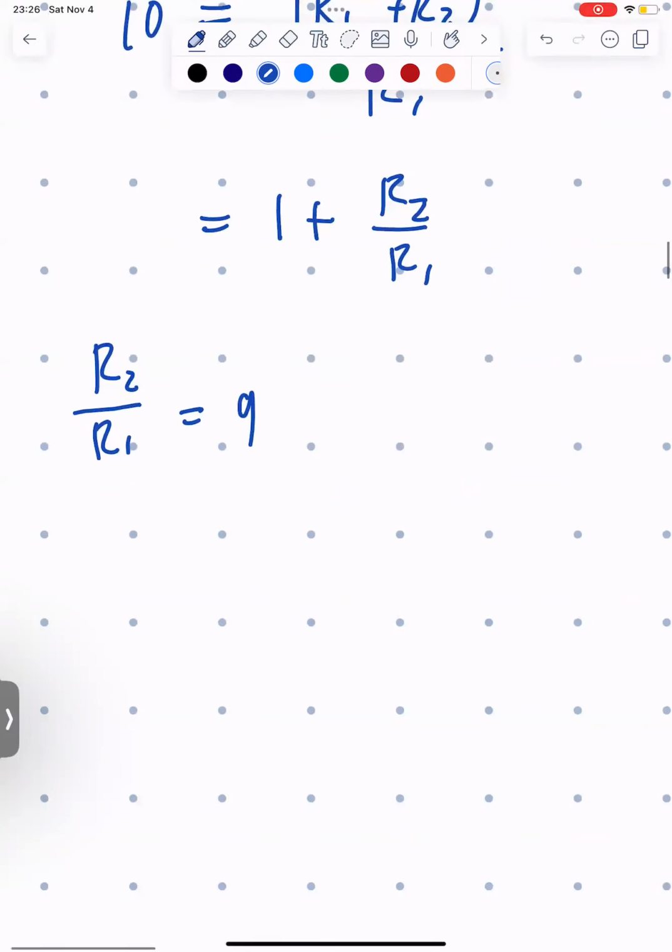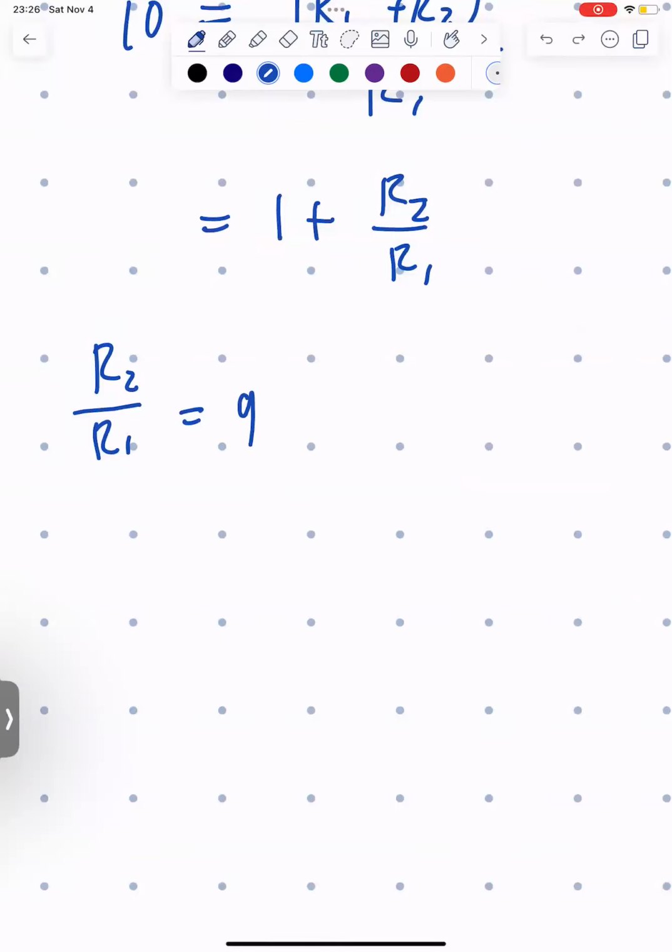So we just need R2 to be 9 times R1. Any resistor values that satisfy this will create V out equals 10 times VI.